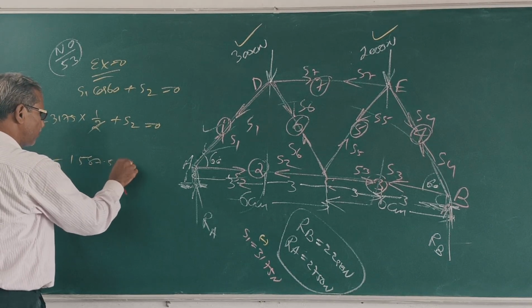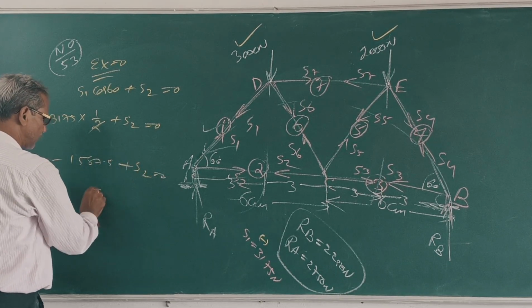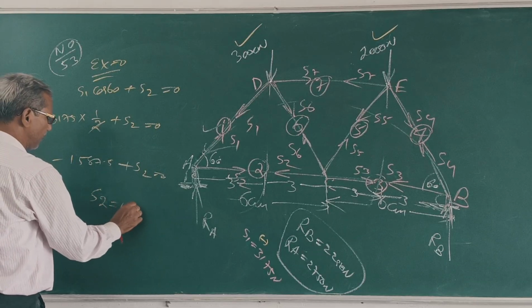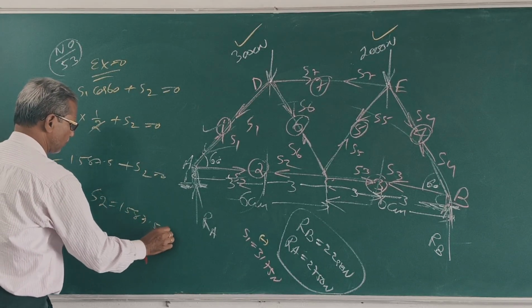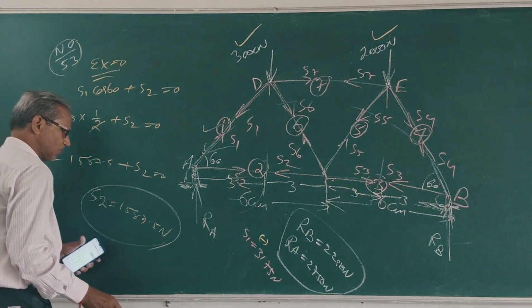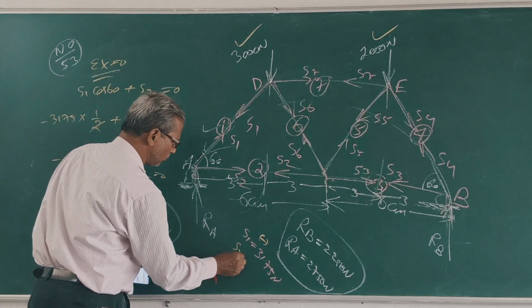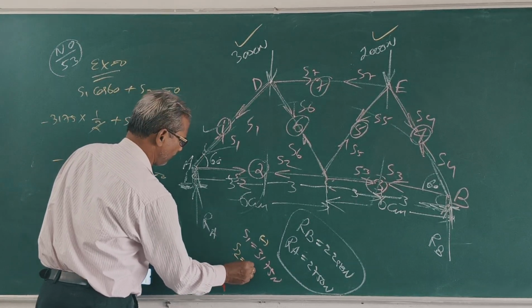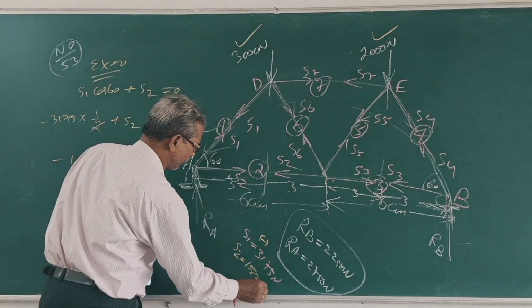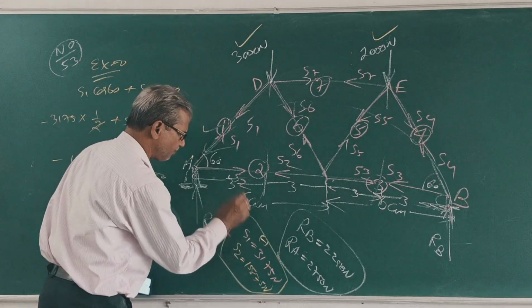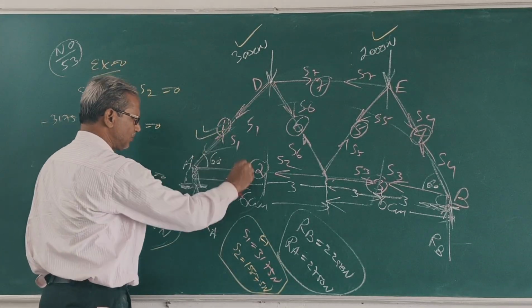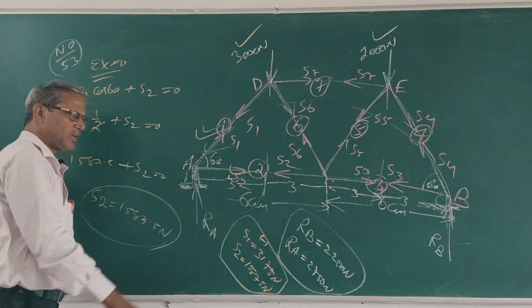What is S2 equal to? 1587.5 Newton. Clear? This answer is S2. What is S2 equal to? 1587.5 Newton. These two answers are found out. Next, come to point B.